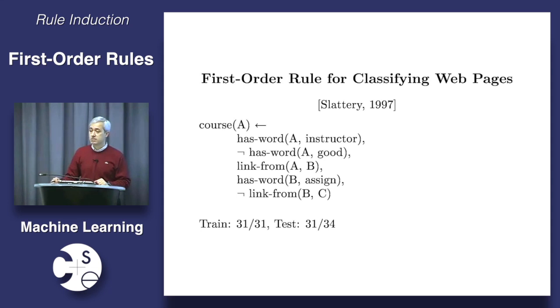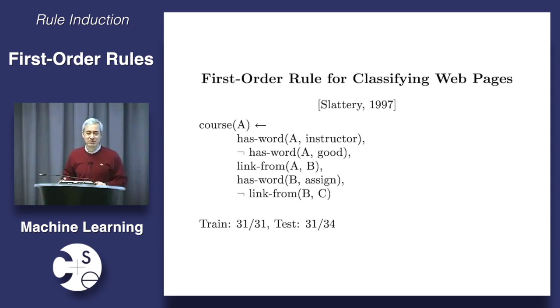Pretty obvious, right? And what does the second one say? By the way, this thing here, in case you're not familiar with it, is the negation sign. It means not. So what does this one say? Doesn't have the word good. Okay, let's keep moving and not focus too much on what that part of the rule means. I don't know. A course page is a course page if it doesn't contain the word good in it.